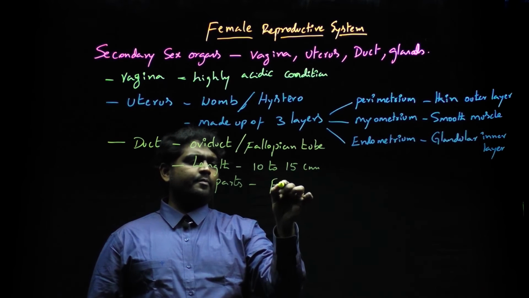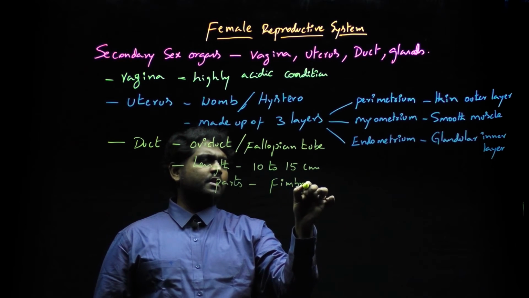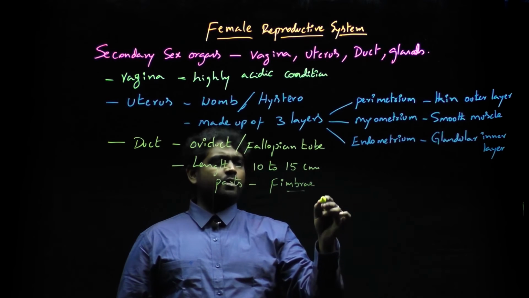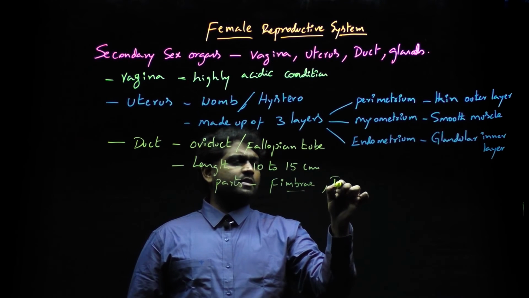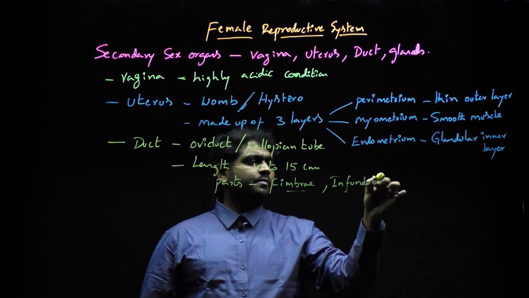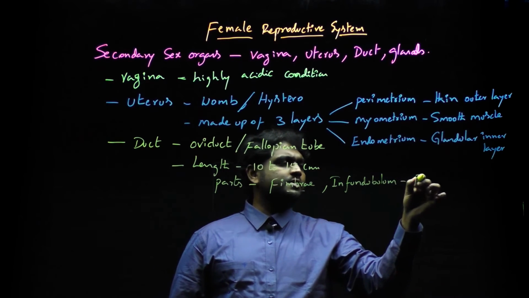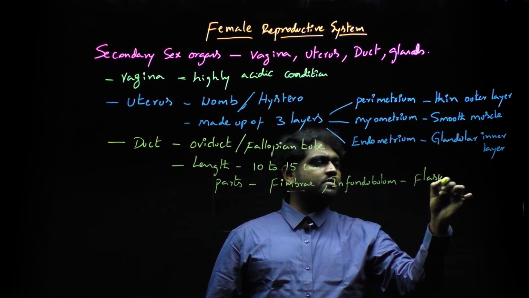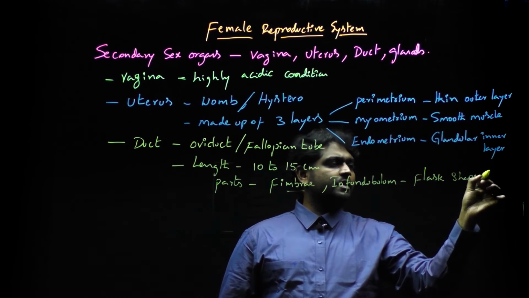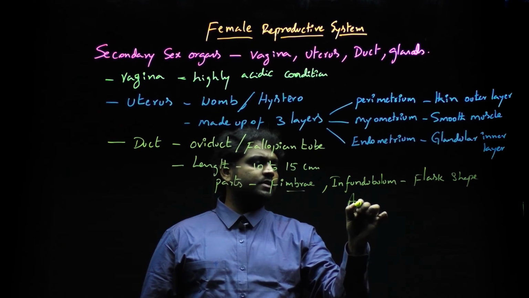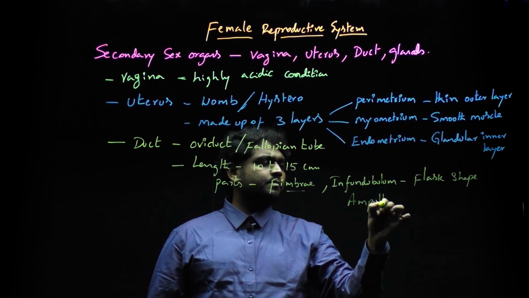I said those are fimbriae, but this is not considered a part; the fimbriae are the terminal parts of the next structure, the flask-shaped infundibulum. After the infundibulum there is the ampulla.